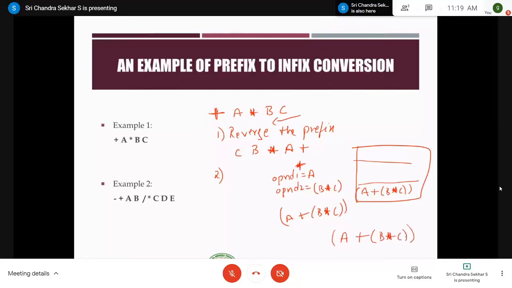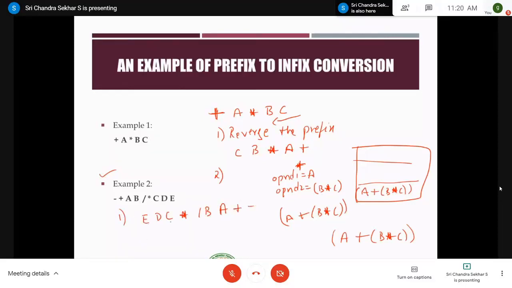For explanation, it takes a lot of time, but if you practice it, you can solve it within very less time. You can try the second example. First you have to reverse it, so it becomes E D C star divide B A plus minus.